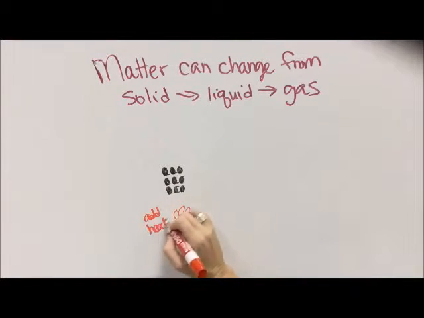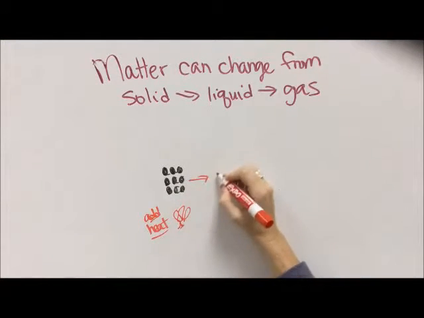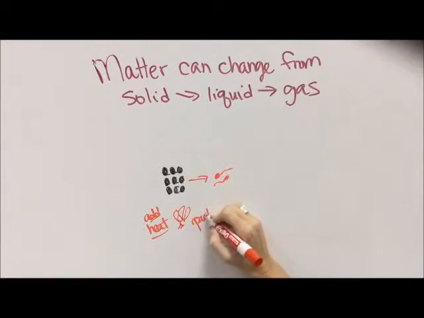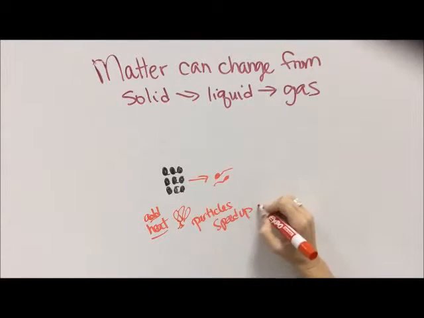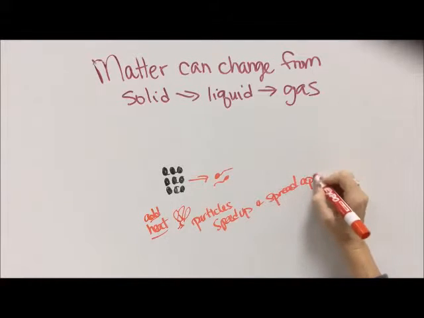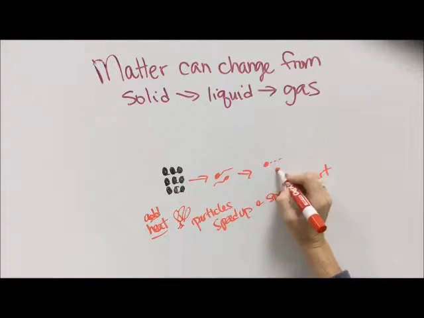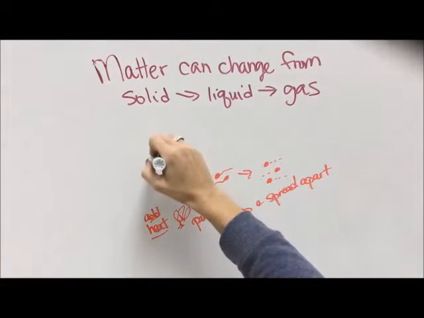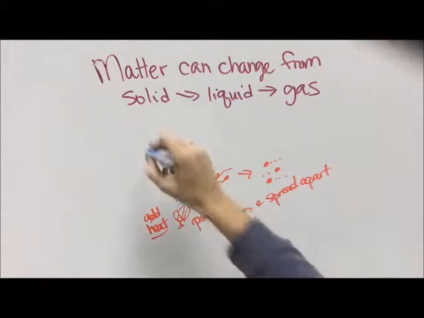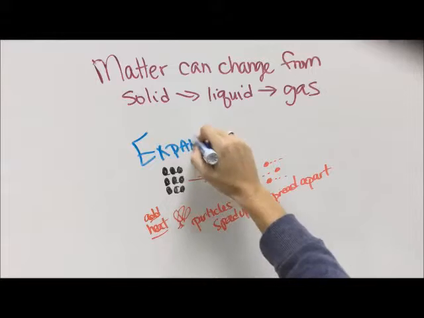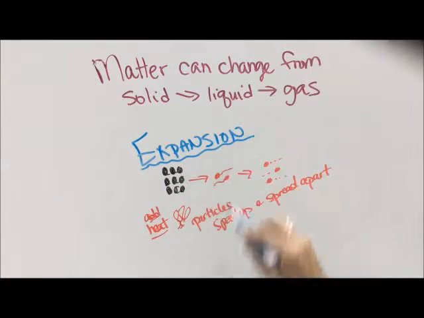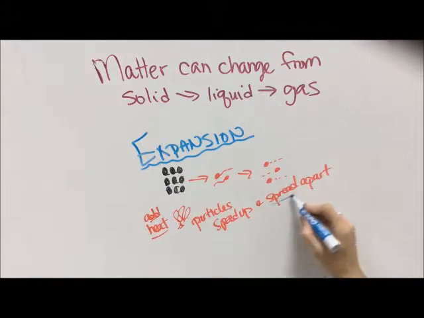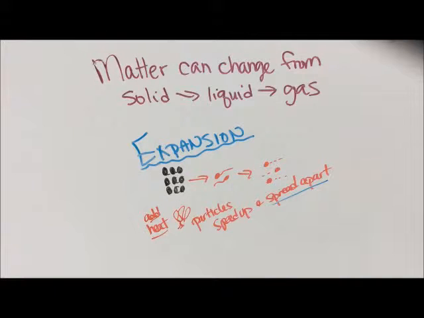And if we add heat to that solid, the particles are going to speed up, they're going to spread apart, and they're going to turn liquidy. That is the key with adding heat. And then the more heat that you add, the more they speed up and spread apart and will eventually become a gas. This is called expansion. Anytime you add heat to a substance, the particles speed up and they want to spread apart from each other.